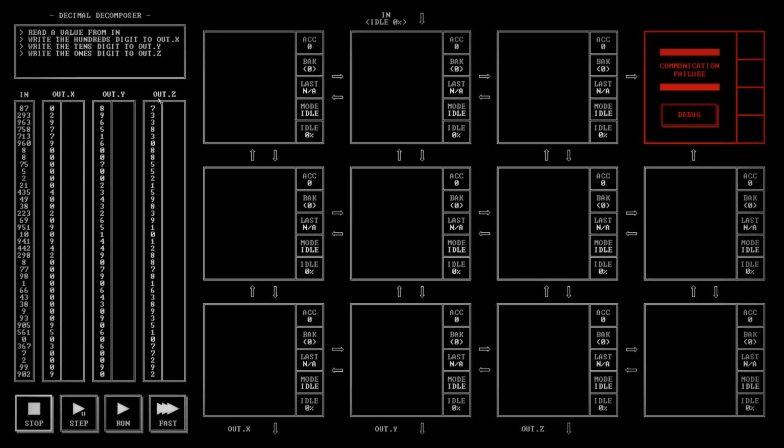Anyway, okay, so this could be trivial. I did binary decomposition, so now I just have to do decimal decomposition, which is not the same because a decimal digit has 10 values, where a binary digit has only 2. So I'll have to repeat some signals or something here. All right, so what's the plan?